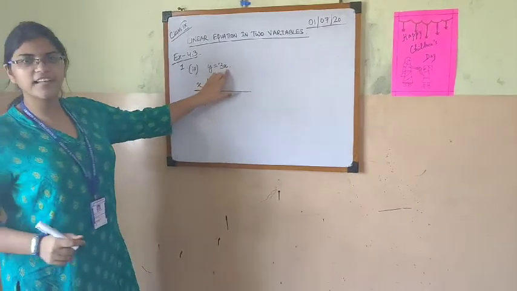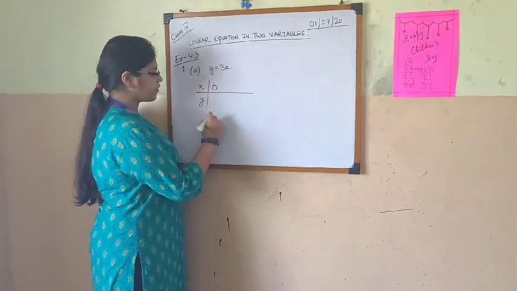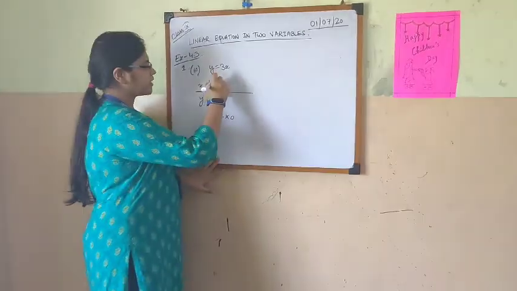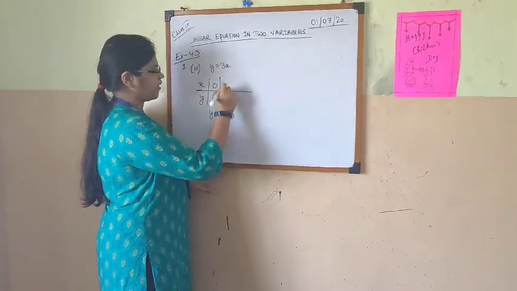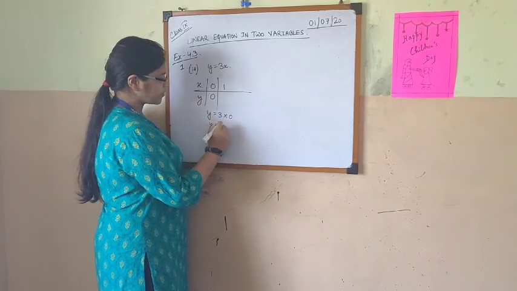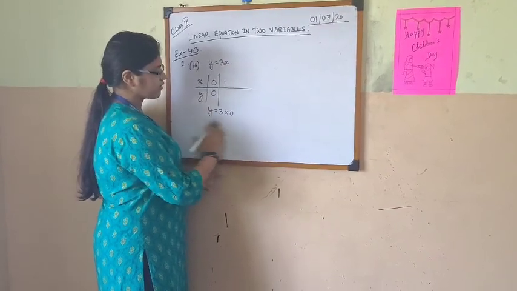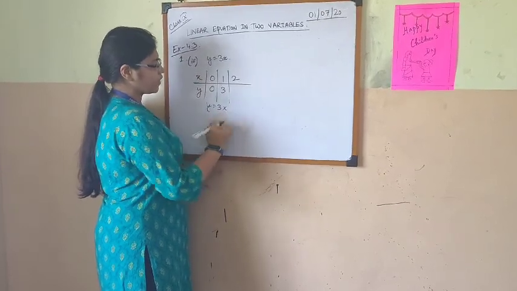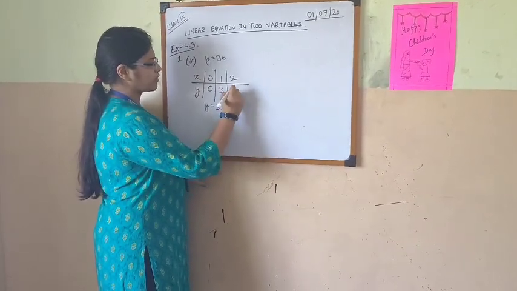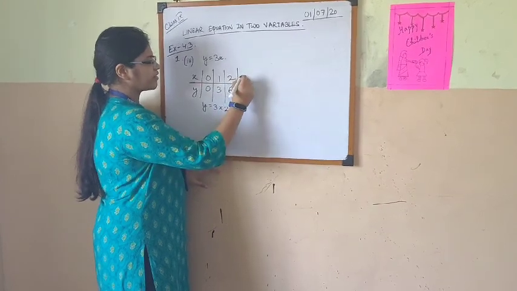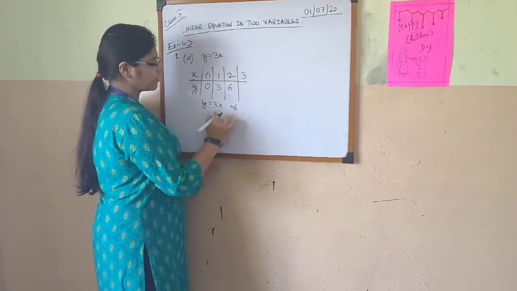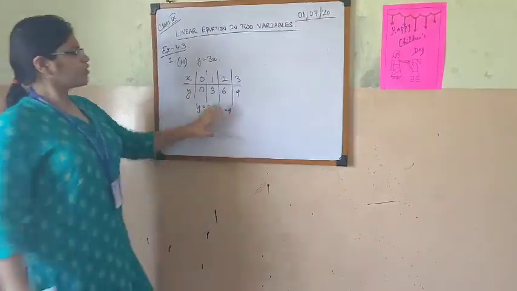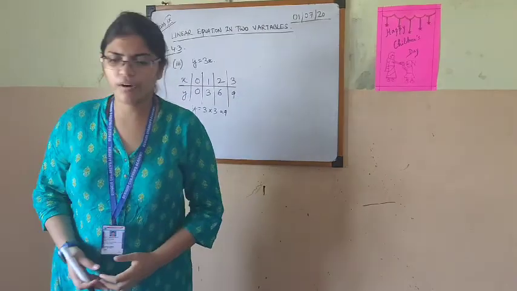If I take x as 0, then y equals 3 into 0, that is 0. If x is 1, then y equals 3 into 1, that is 3. If x is 2, then y is 3 into 2, that is 6. If x is 3, then y is 3 into 3, that is 9. Taking at least 3 or 4 points will be enough.